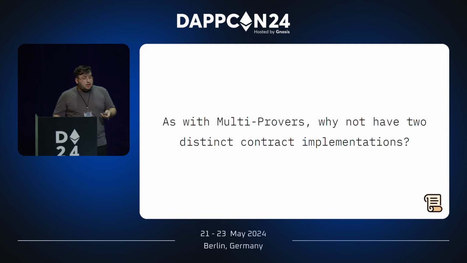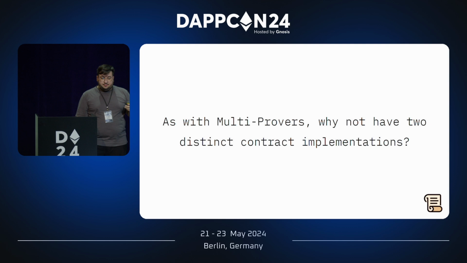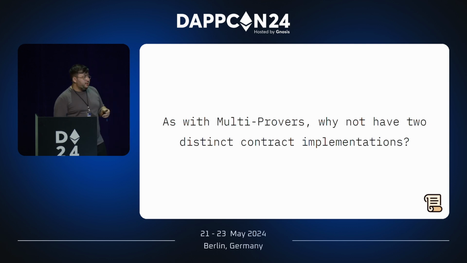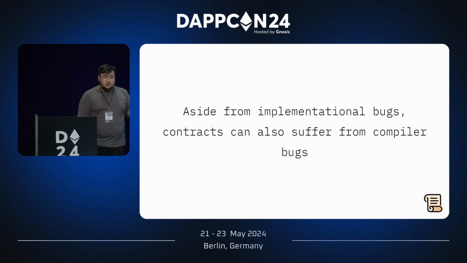As with multi-provers, it's the same problem here. Why not have two distinct contract implementations? You can have more, but let's keep it simple for now and say two.